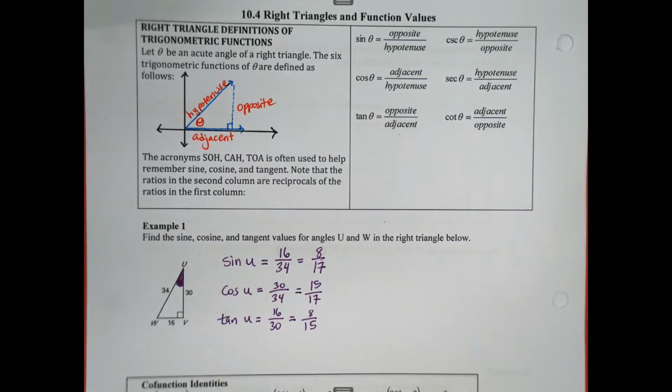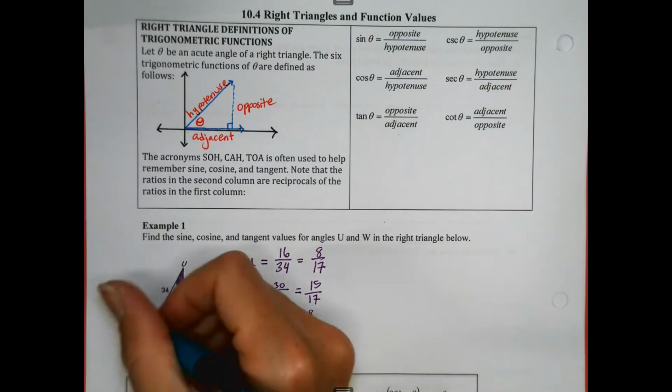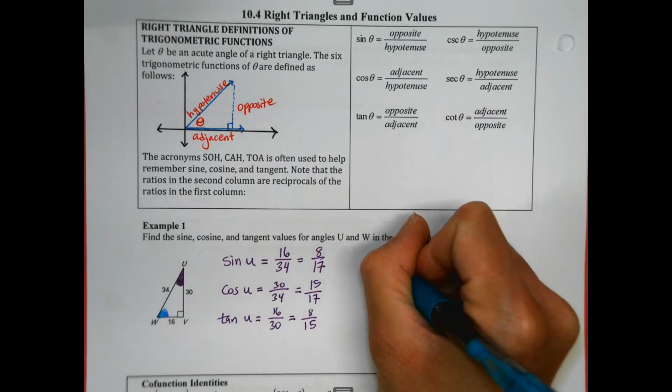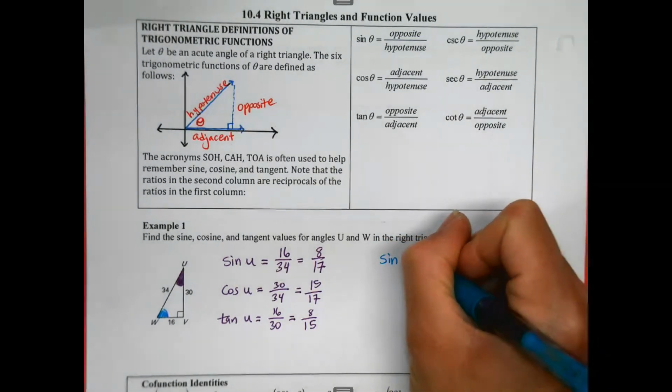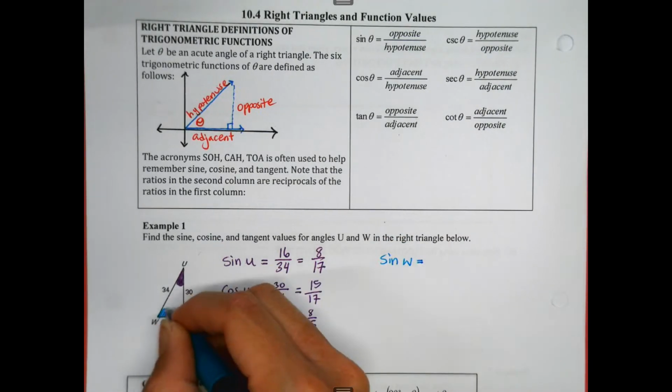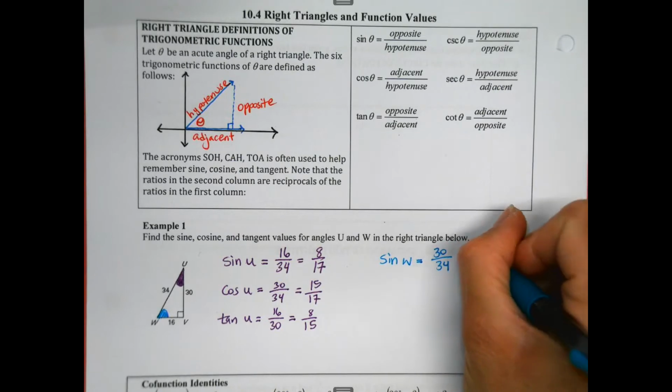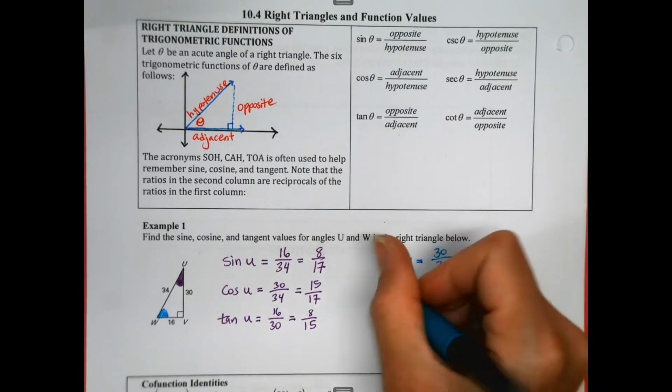Then we look at angle W. Angle W is down here. The sine of angle W is opposite, 30, over hypotenuse of 34. That simplifies to 15 over 17.